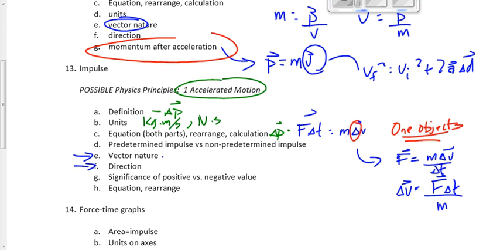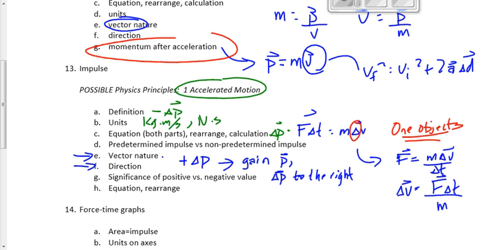Now, you can also think of it in a different way. A positive impulse means a gain in momentum, but it can also mean an impulse to the right, or an impulse to the north, or an impulse in the positive direction.